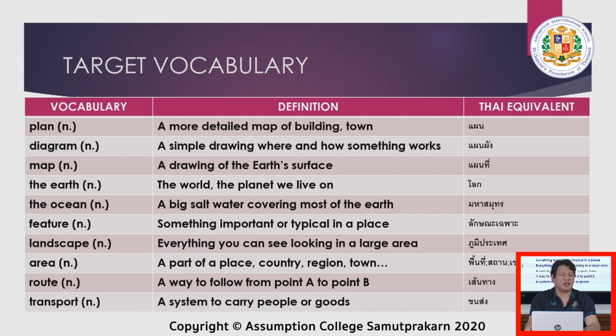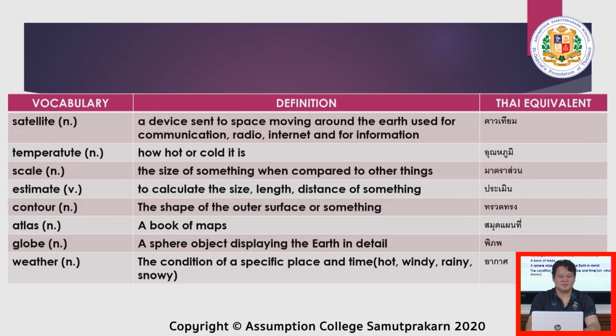By water, we have ships. Next word, satellite. It is a device in space moving around the Earth, used for communication, radio, internet, and to gather information.